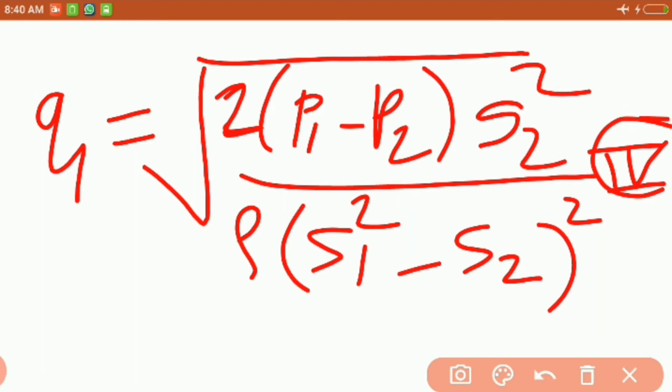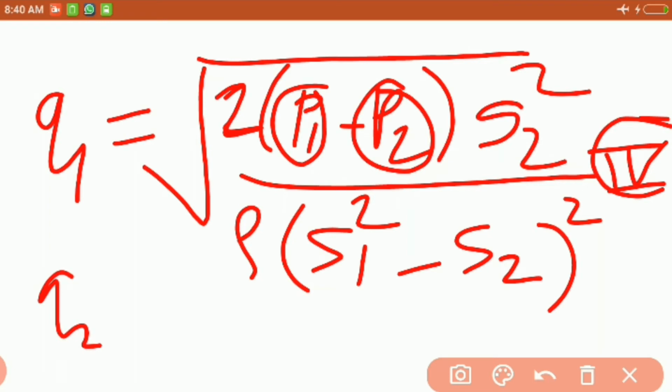This equation 4 clearly shows that P1 is greater than P2, that is, the fluid pressure is maximum at a constriction. Certainly Q2 is greater than Q1. And the result means that when one-dimensional flow is constricted, the pressure energy of the fluid is mostly converted into kinetic energy.